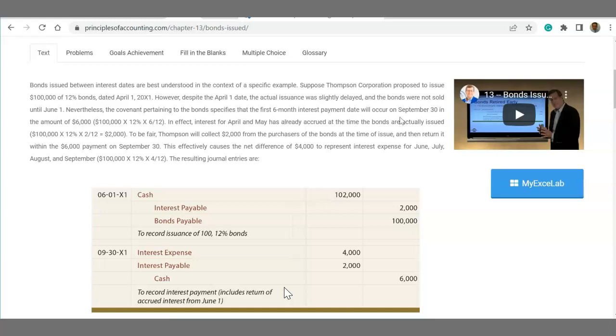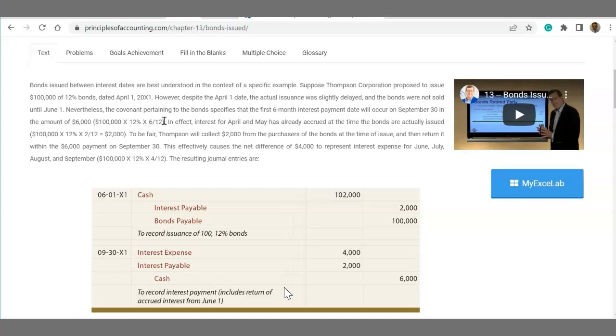Why September? Because it was supposed to be issued on April 1st. April, May, June, July, August, September. That's 6 months. So the interest has to be paid in 6 months, which is September.